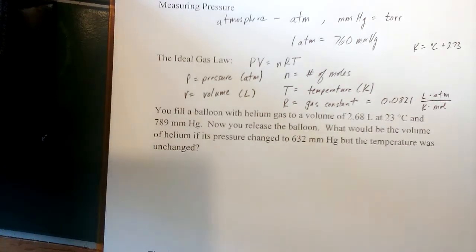A 10-degree temperature change is a 10 Kelvin temperature change. But 10 degrees Celsius is not the same as 10 Kelvin. Right? 10 degrees Celsius is actually 283 Kelvin. So when you're doing a gas problem, always change to Kelvin. When you're doing a thermodynamics problem, you can always leave it in Celsius for your temperature change. So you could still change it to Kelvin, you'd just be adding a lot of work to your problem.